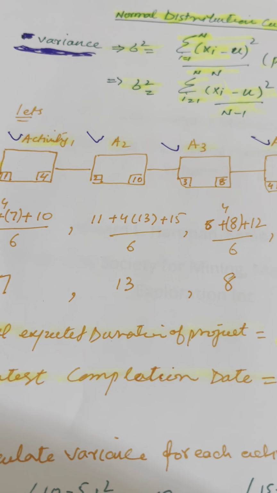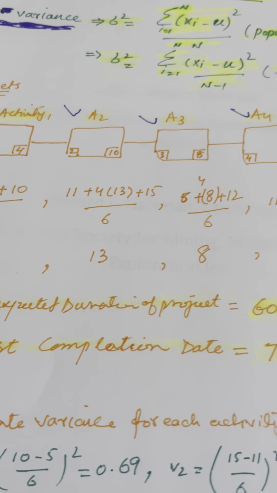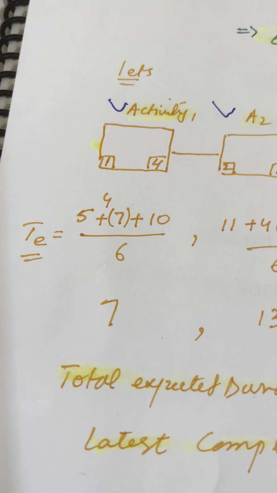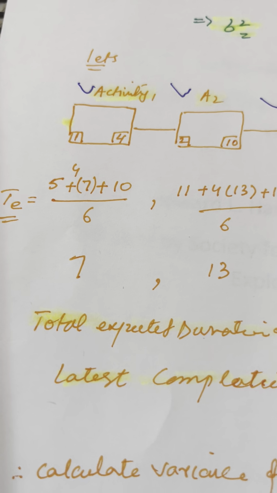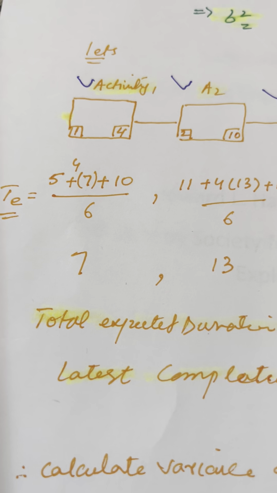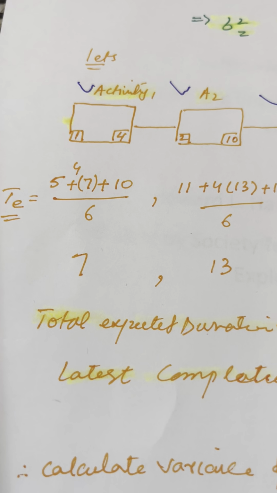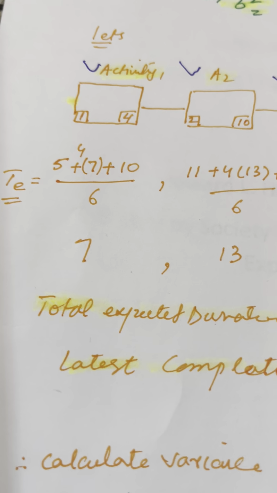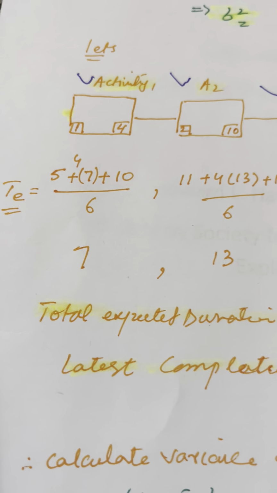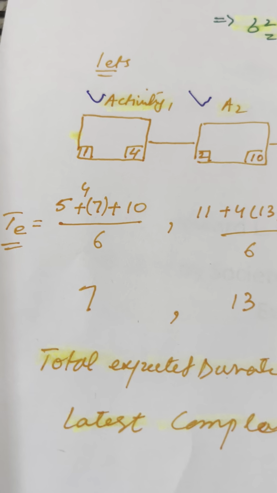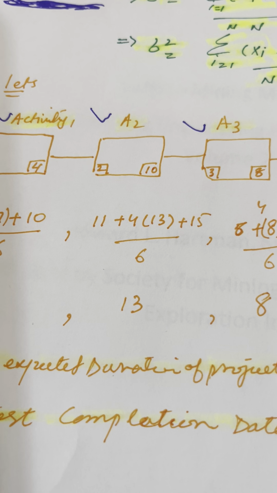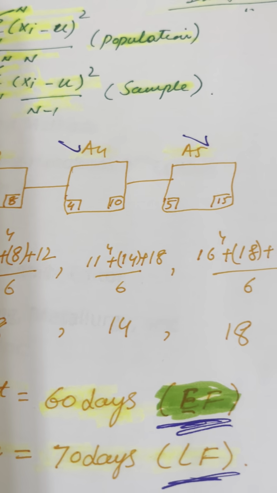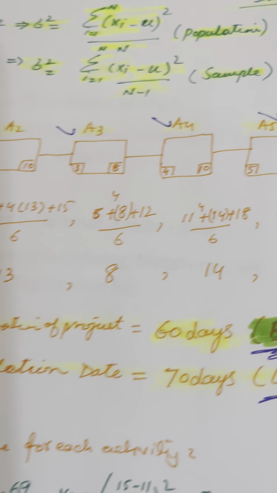So this project has 5 activities on the critical path, and I have calculated the beta from the beta distribution using optimistic time plus 4 times most likely time plus pessimistic time, divided by 6. For each activity I have calculated the expected duration. The first activity is 7, the second is 13, the third is 8, the fourth is 14, and this one is 18 days.